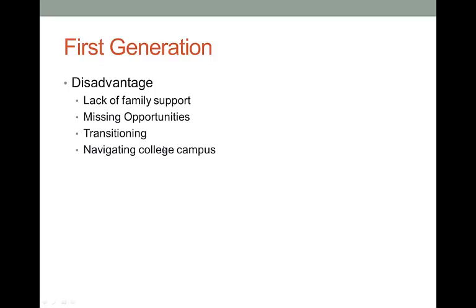So there may be some disagreement there. The other piece is that first-generation students may be missing opportunities on college campuses because they don't know to take advantage of them. That could be anywhere from scholarships to financial aid to campus organizations. They may not be living on campus because they're living at home. It could be a variety of different things.